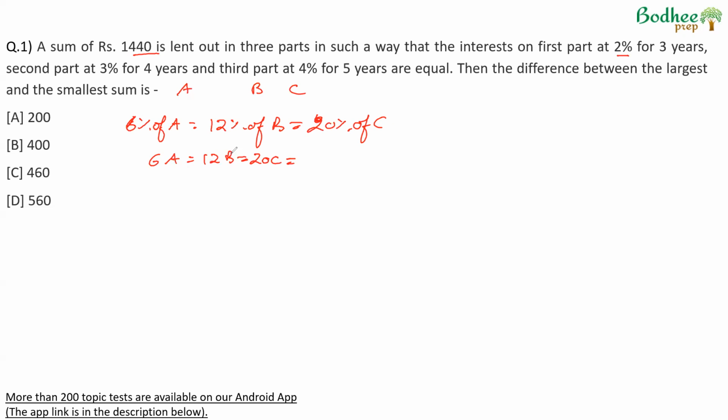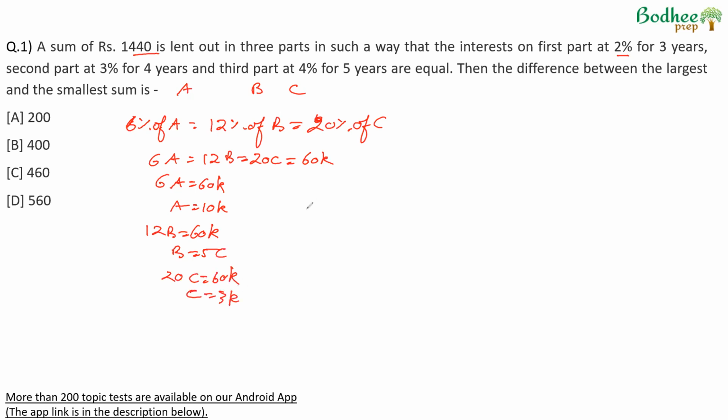If we equate this to the LCM of 6, 12, and 20, that is 60K, we can say that 6A is equal to 60K. Therefore, A is equal to 10K. 12B is equal to 60K. Therefore, B is equal to 5K. And 20C is equal to 60K. Therefore, C is equal to 3K.